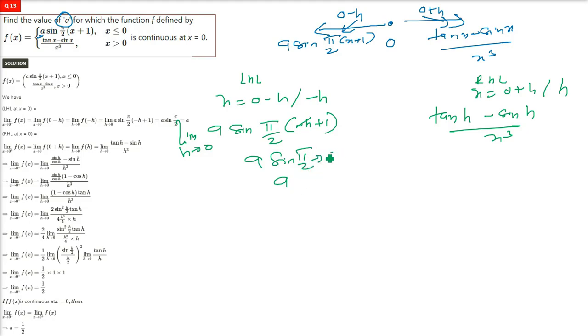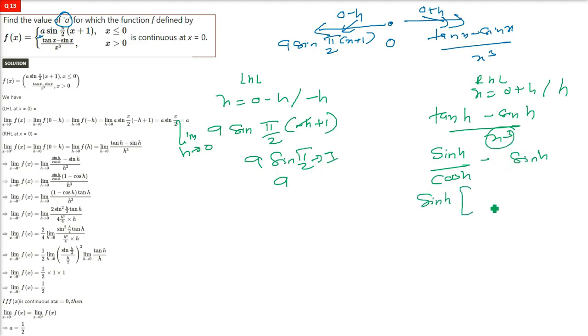Okay. So now coming to right hand side. Tan h minus sin h divided by x cube. So just keep an eye on x cube because we are going to replace it by h cube. X has to be replaced by h. So tan will be sin by cos minus sin h. I am taking sin h outside. It will be h cube. I will use it later.